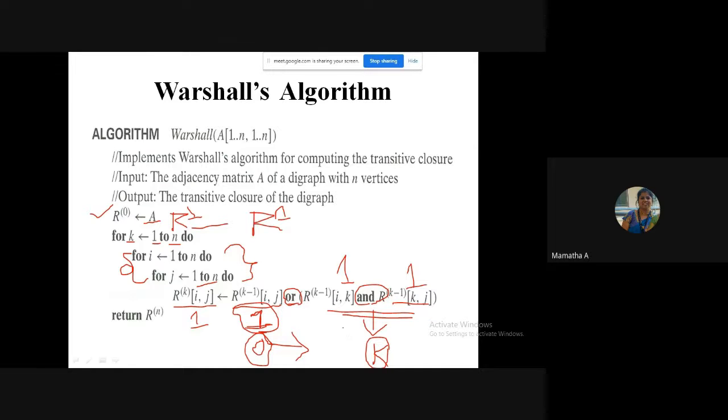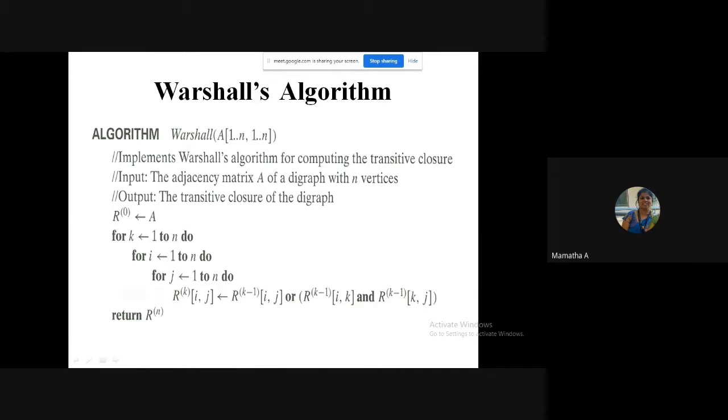If it is 1, the answer is 1, means there is already a path in Rk also. But if there is no path, check whether the path exists using the intermediate vertex k. So Rk minus 1 I comma k should be 1 and Rk minus 1 k comma j also should be 1. Then only I can conclude that in Rk, I comma j is 1, means there is a path.